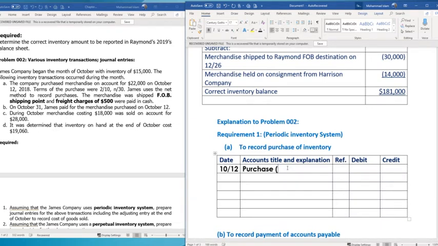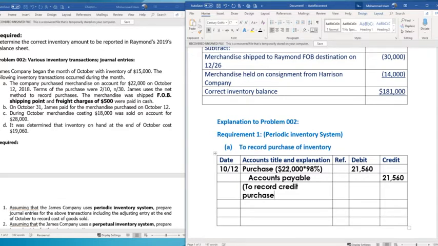It should be 22,000 multiplied by 98% because we are following the net method, and it is equal to 21,560 debit, and accounts payable 21,560. Okay, this is to record credit purchase.